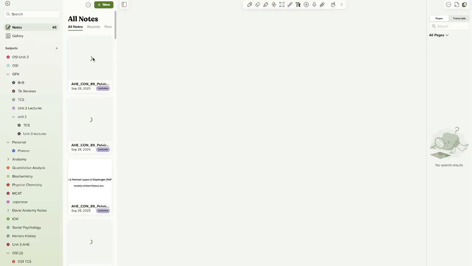Extravascular involves red blood cell destruction by the reticuloendothelial system, so macrophages of the spleen, liver, and lymph nodes. Okay. Intravascular involves destruction of red blood cells within vessels.